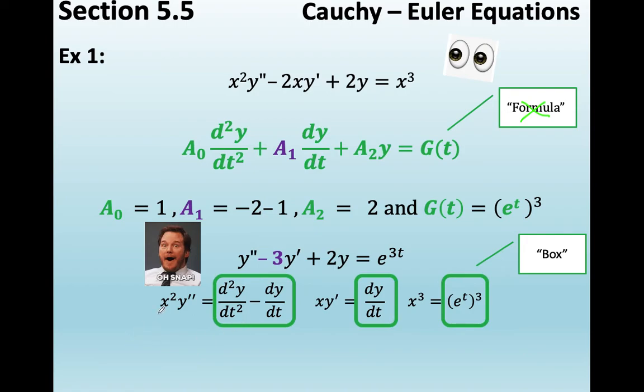That x squared y double prime, without its coefficient, is always going to be this box, xy prime is always going to be this box, and then of course your function on the right side is always going to have e to the t in it. Then you go back to the original and substitute.